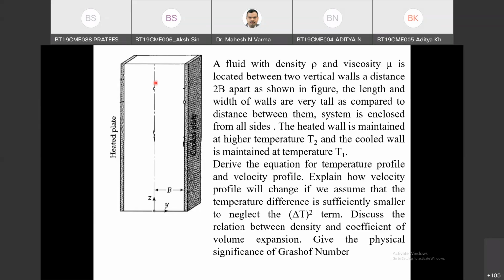Kinetic energy will increase because of which force? Temperature is the driving force there. Temperature cannot be a driving force for velocity, right? Yes, sir, that is right.